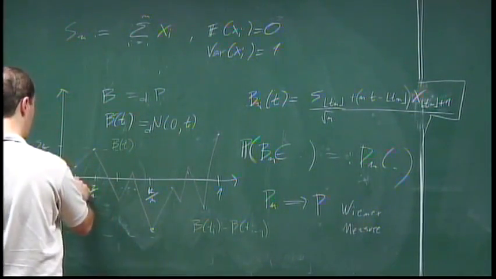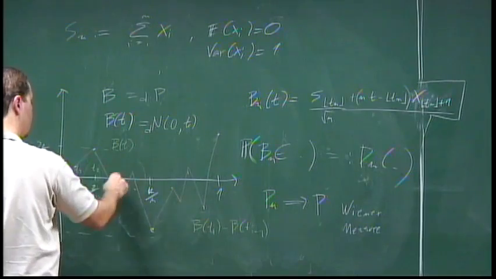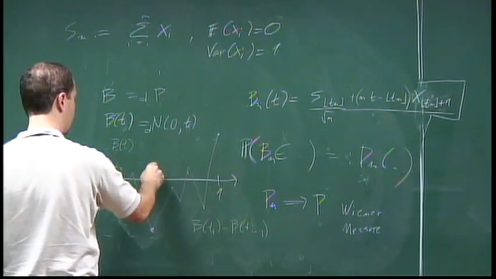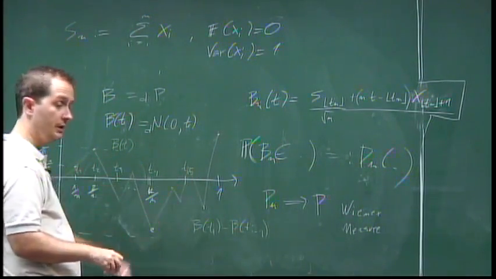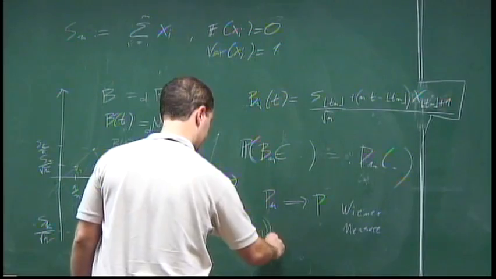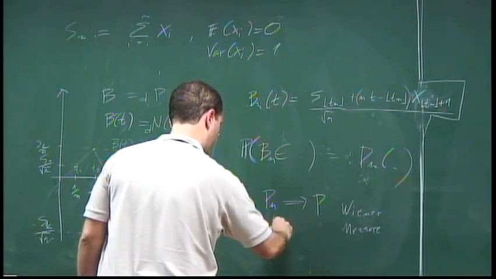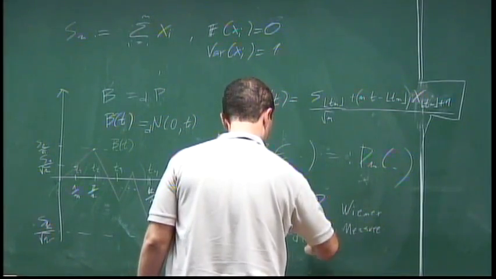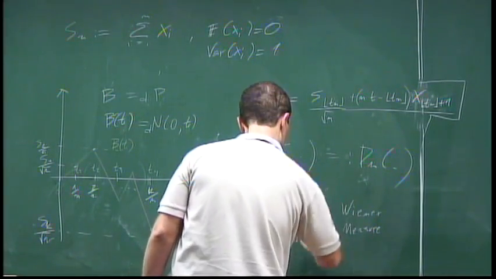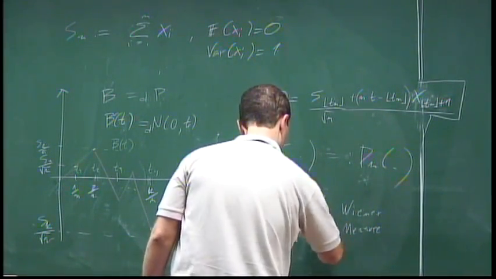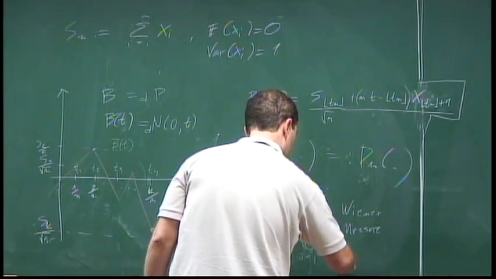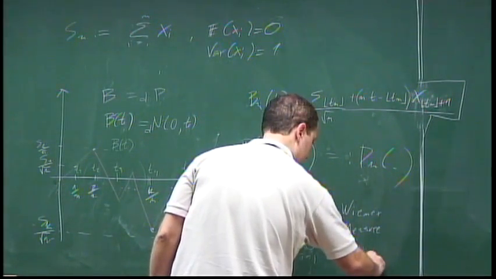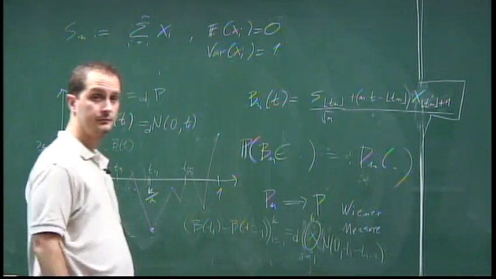So say you take t_1, t_2, t_3, t_4, t_5, and you look at the increments here, here, here, here. These are normal random variables with distribution a product of normal distributions with mean 0 and variance t_i minus t_{i-1}.